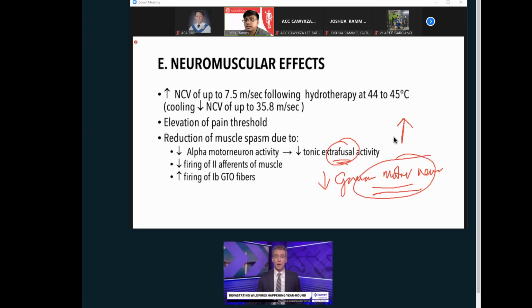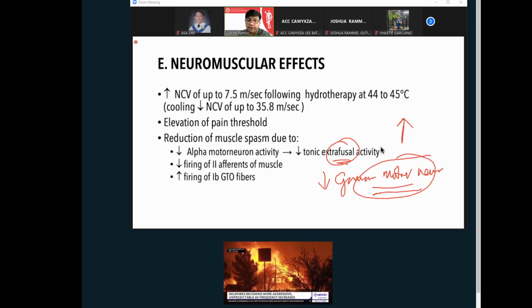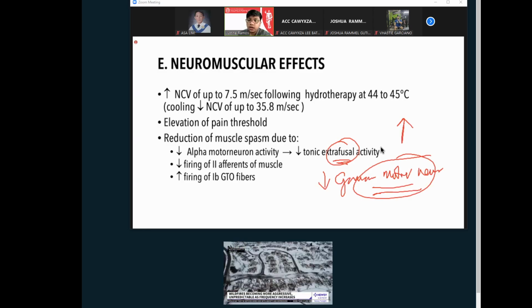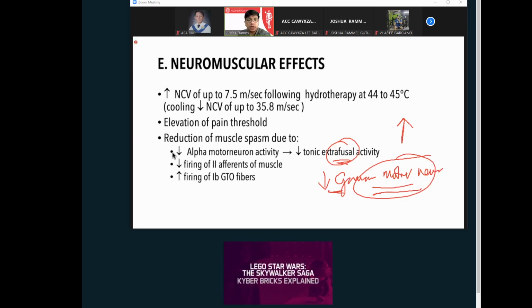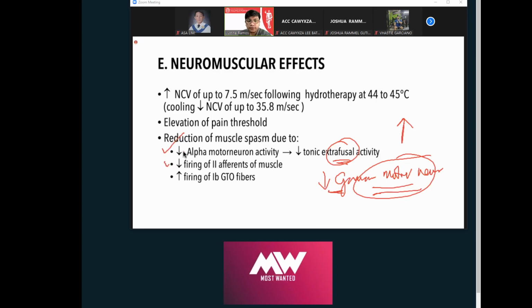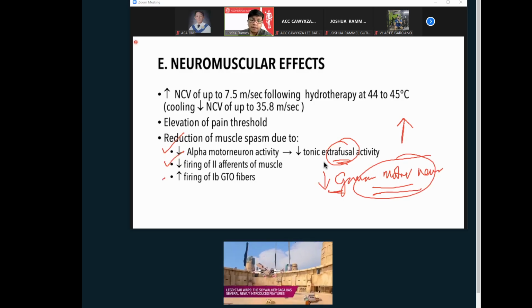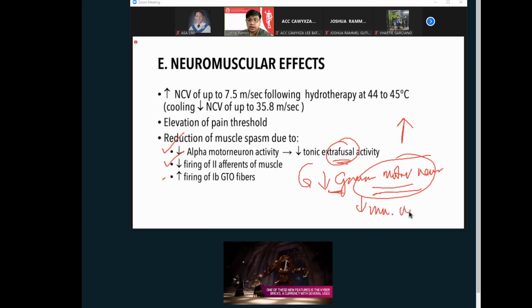So to prevent the muscle spindle, okay, from firing, and providing a sensory afferent input towards the muscle itself, muscle fibers, i-decrease natin no yung firing ng gamma motor neuron by decreasing the alpha motor neuron activity, decreasing the firing of two afferents, and increasing the GTO fibers. Okay, generally, basta na-decrease mo ang firing ng gamma motor neuron, it would result to muscle relaxation.